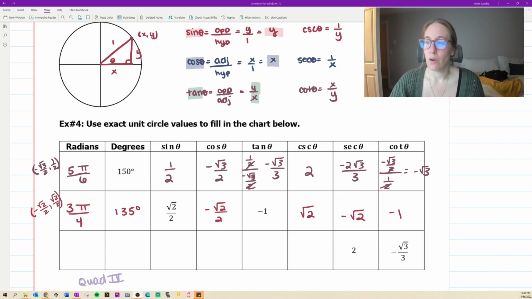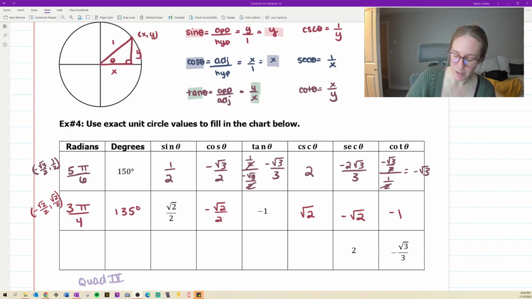Well, I know that at my pi over 6 or 30-degree angles, my cosecant is 2, which means this can't be 30 degrees. The only other option is that it has to be my 60-degree angles. So in quadrant 4, my 60-degree angle would be 300 degrees, and it's going to be 5 pi over 3.